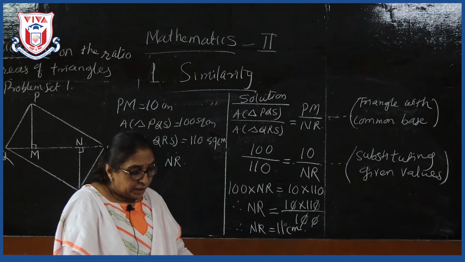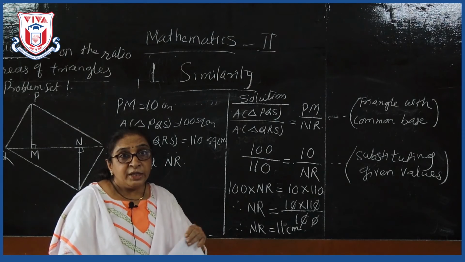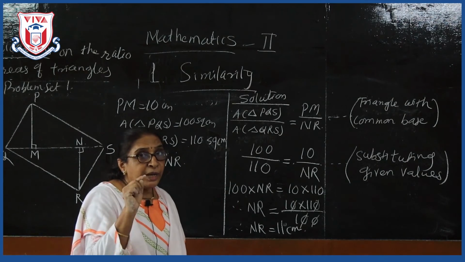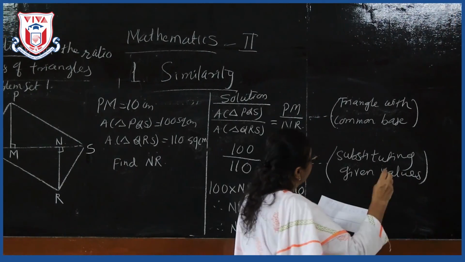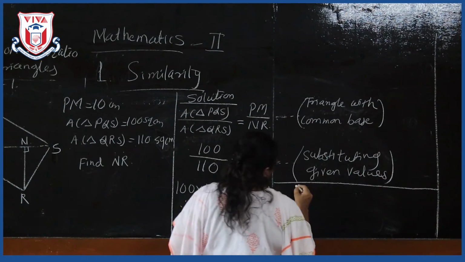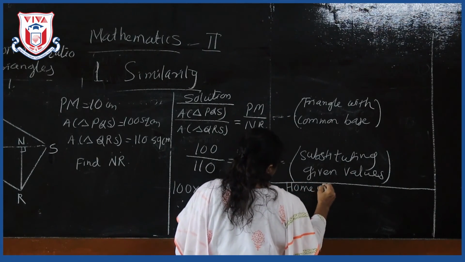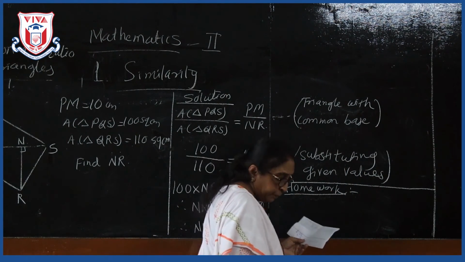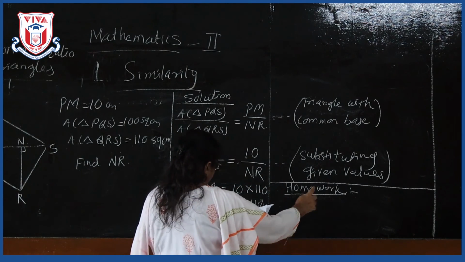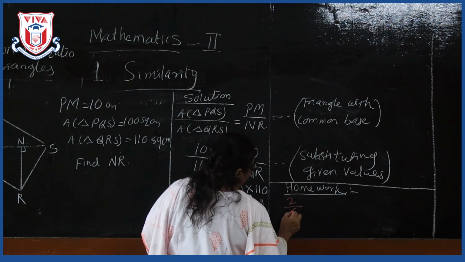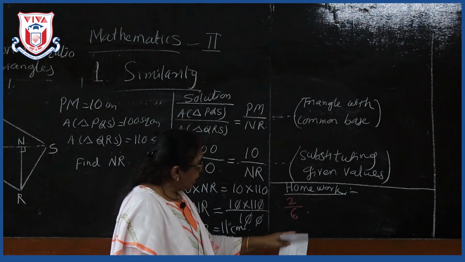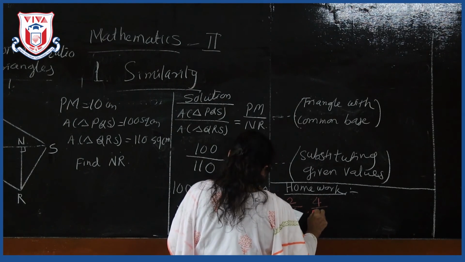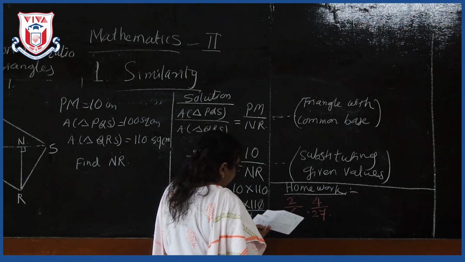Now, children, related to these properties, which sums you can solve at home? All the numbers I am writing and their page numbers you can see here for your homework. Few sums I have already solved here. Second example on page number 6. See, page number I am writing at the denominator. Then fourth question from page number 27.